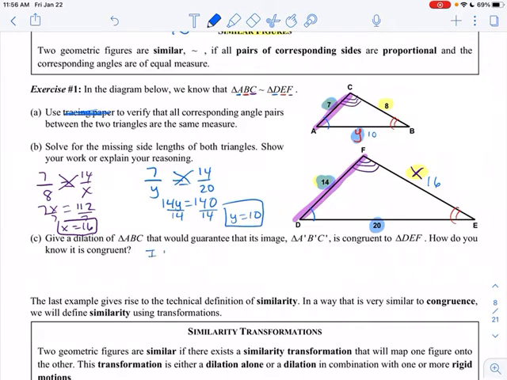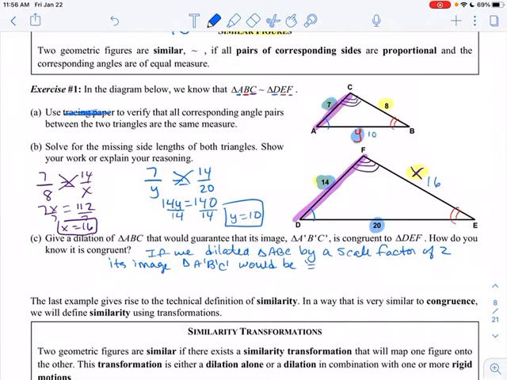So if we dilated triangle ABC, which is the smaller one, by a scale factor of 2, its image, triangle A prime, B prime, C prime, would be congruent to triangle DEF. We know that because all of those sides were twice as big.